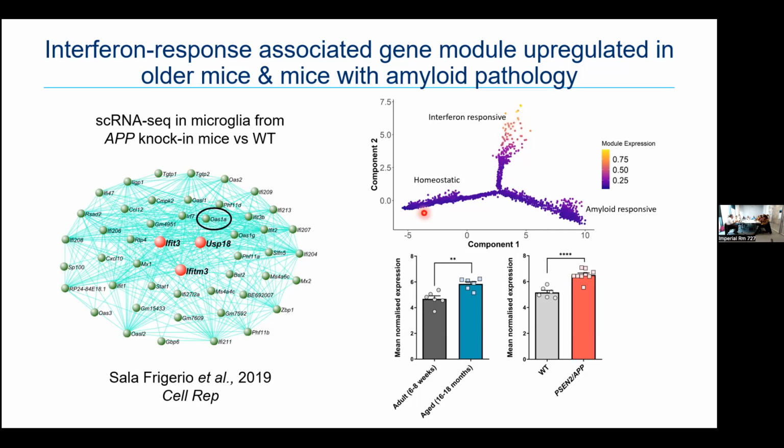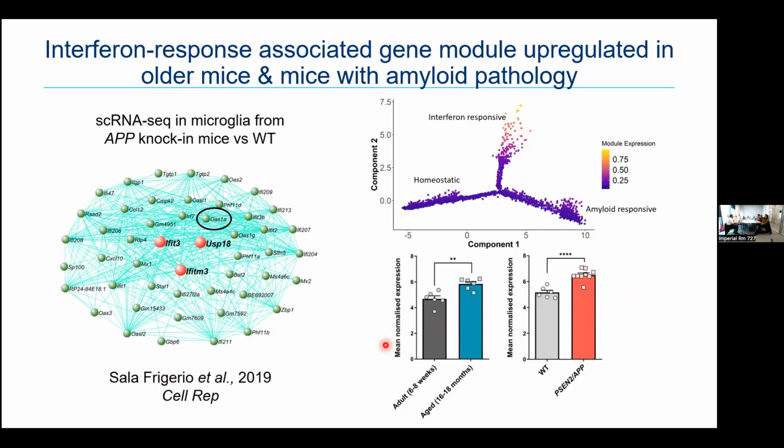Doing statistics in single cell data is tricky, so we used other data sets to look at the association of age and to look at other mouse models of Alzheimer's. This data is from an O'Neill publication where they isolate microglia from old mouse brains and young adult mouse brains, and they perform bulk RNA-seq on the microglia.